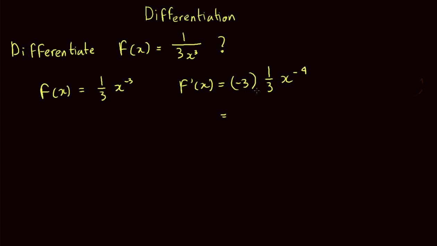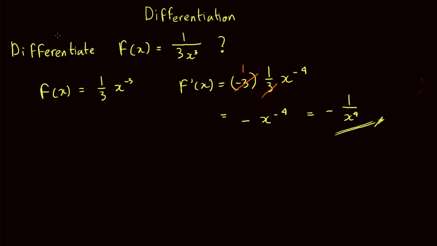So of course negative 3 and the 3 in the denominator will cancel out, to be 1. Therefore you end up with negative x to the power of negative 4, which equals negative 1 over x to the power of 4.